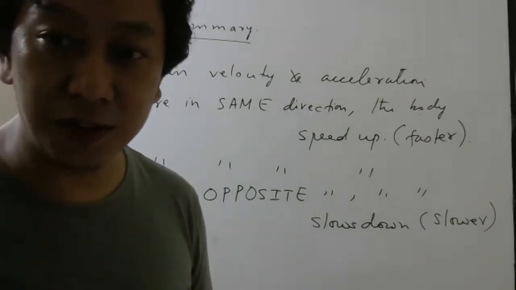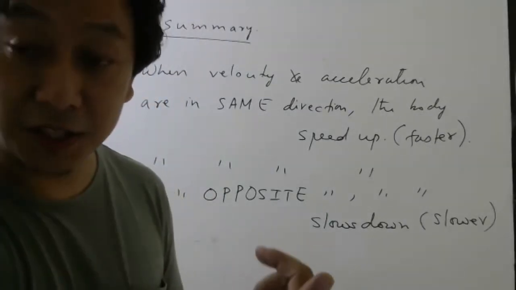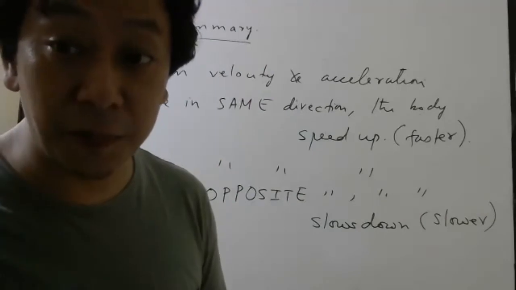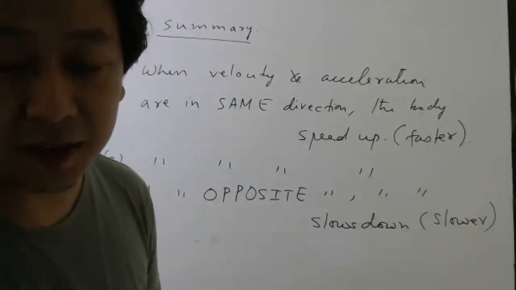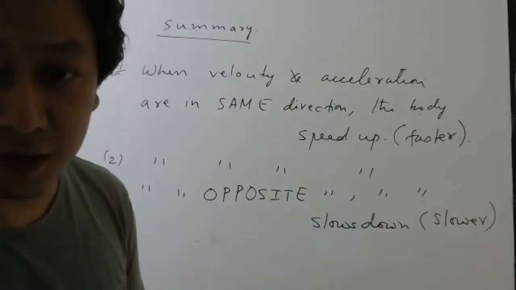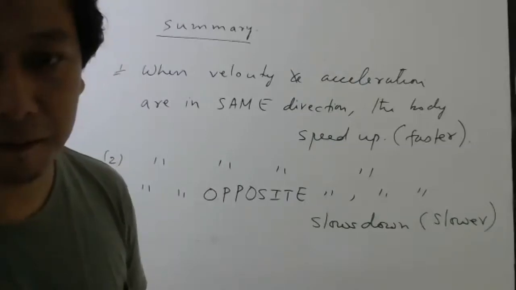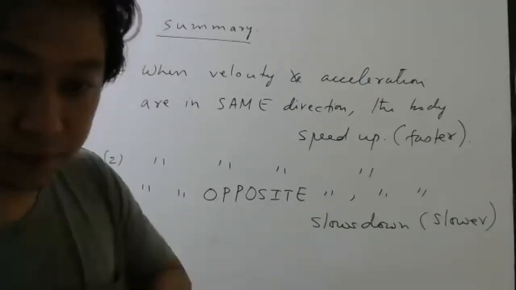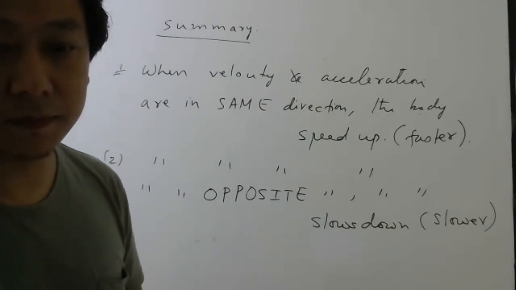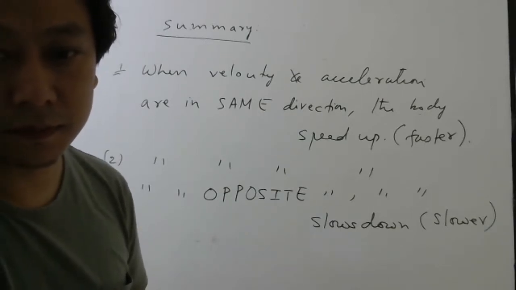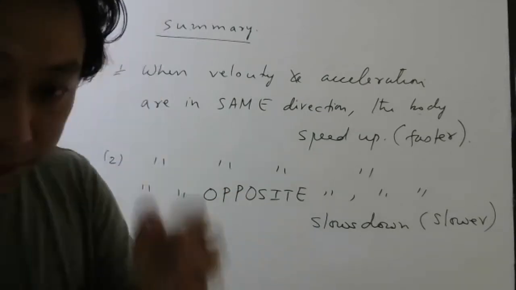If you take velocity positive, then acceleration should be negative. But if velocity is negative, then acceleration should be positive if you want retardation. Very important. Most people do not give importance to this concept and later they struggle.